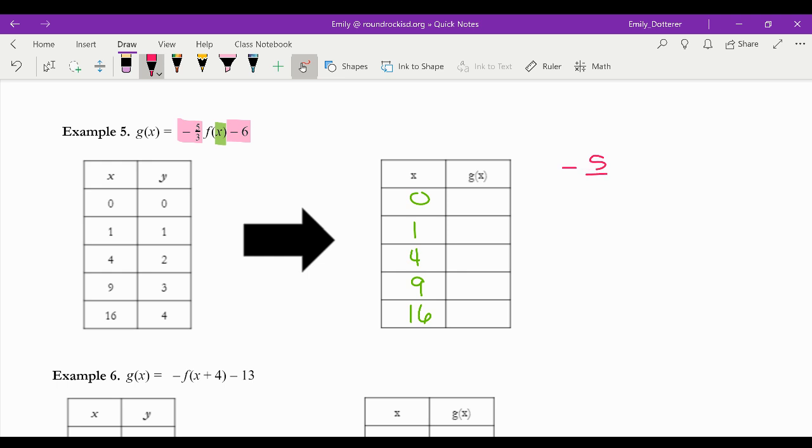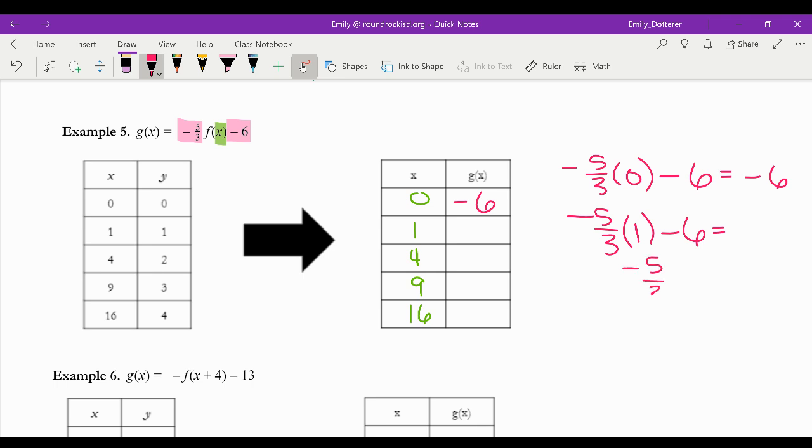And we're going to multiply all of our y values by -5/3 and then subtract 6. 1 minus 6. -5/3 times 1 is -5/3, minus 6 is -3/3.